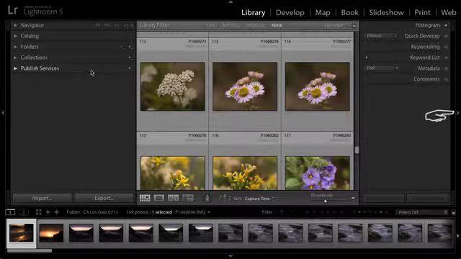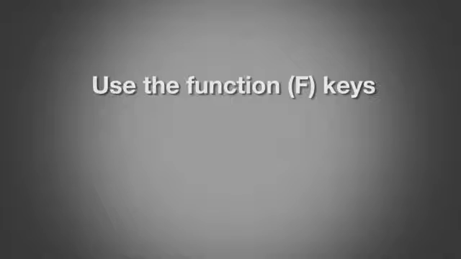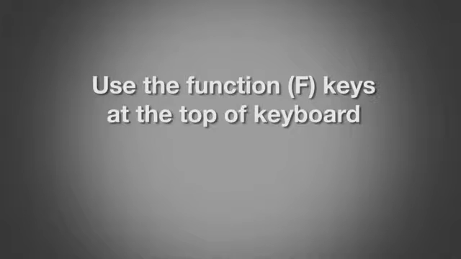You can do that with these little arrow icons, but I find it easier just to use the function keys. The function keys are at the top of your keyboard. You'll see them like F5, F6, F7, and F8. If you don't remember the exact things they do, just push them. It doesn't hurt anything, because if it is the wrong one, push it again and push another one.